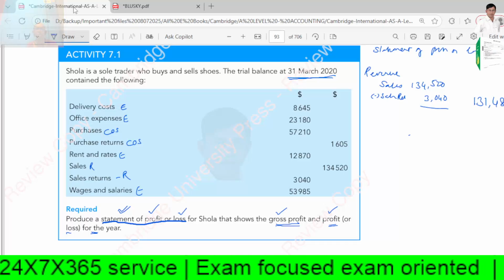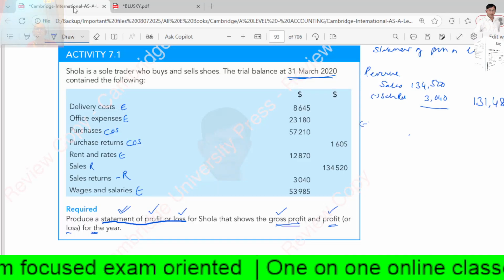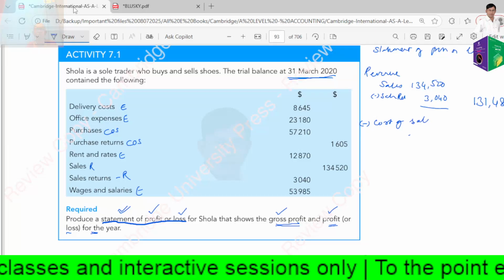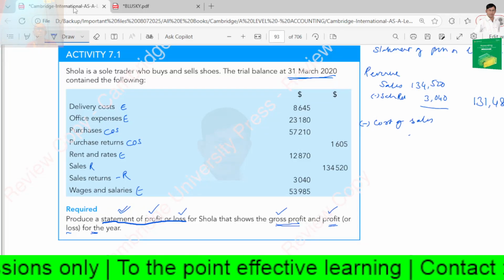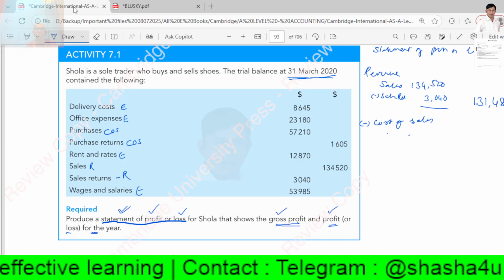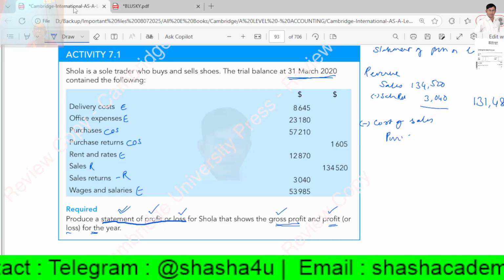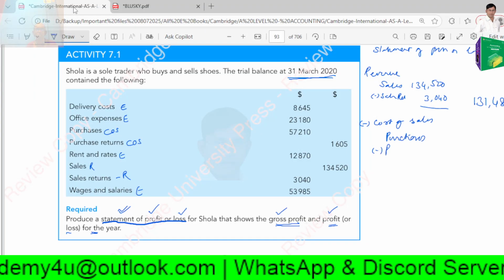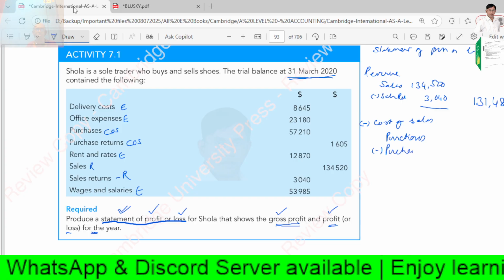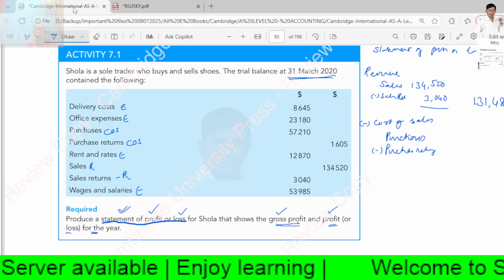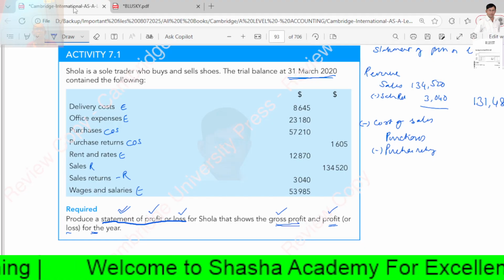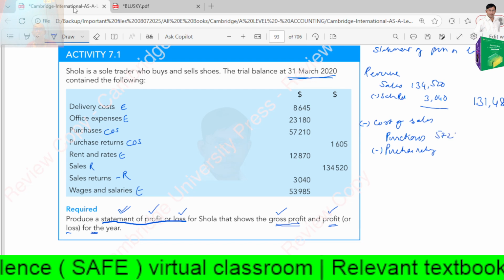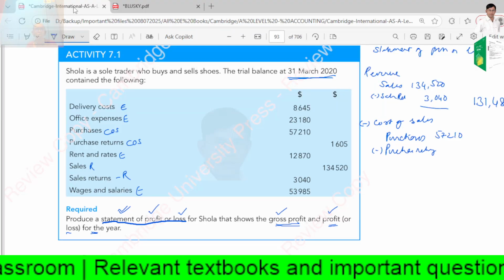Now from this you need to subtract cost of sales. So what are cost of sales? Cost of sales are related to purchases less purchase returns. Purchases are 57210. Purchase returns are 1605.